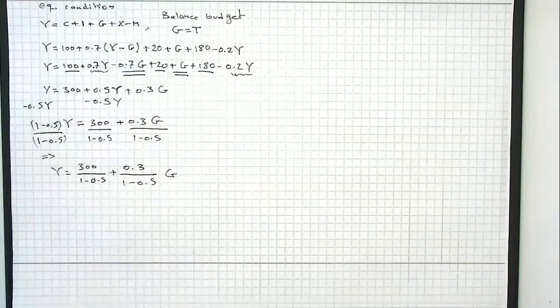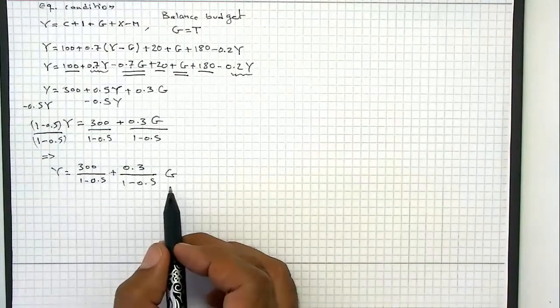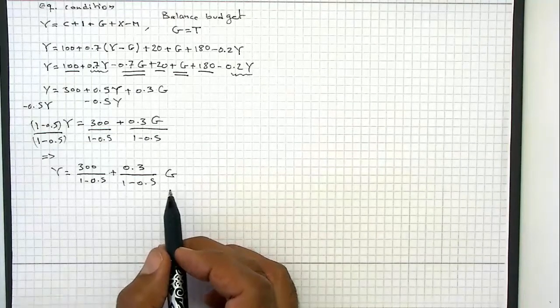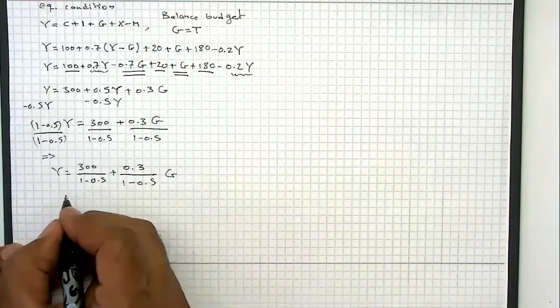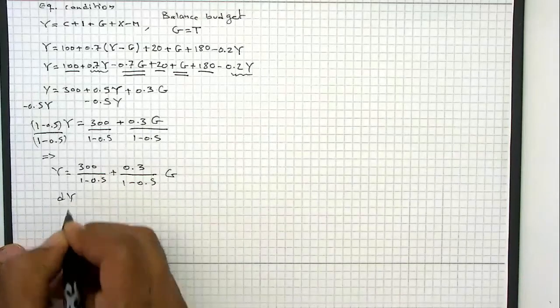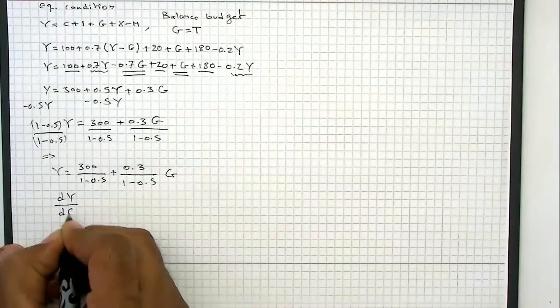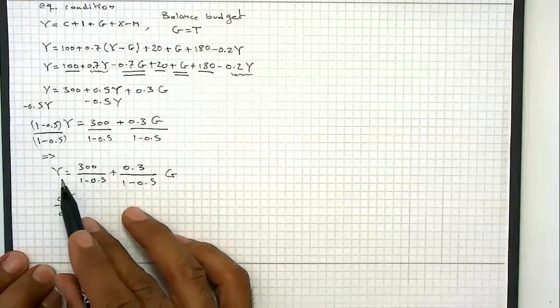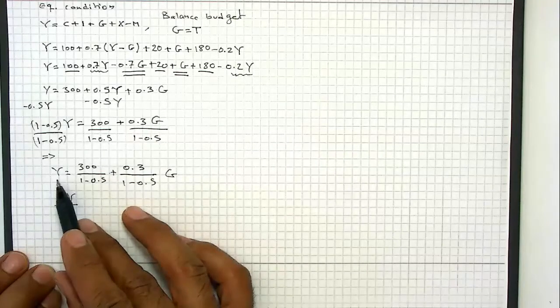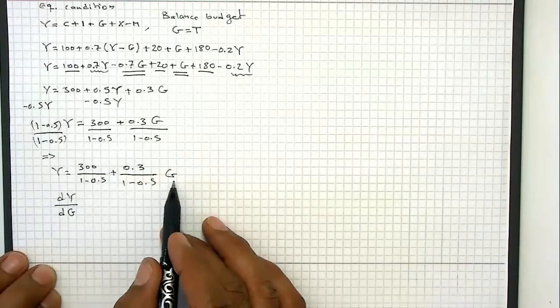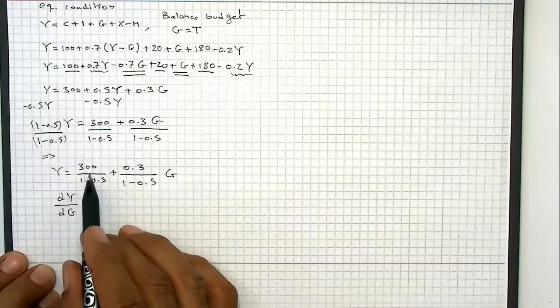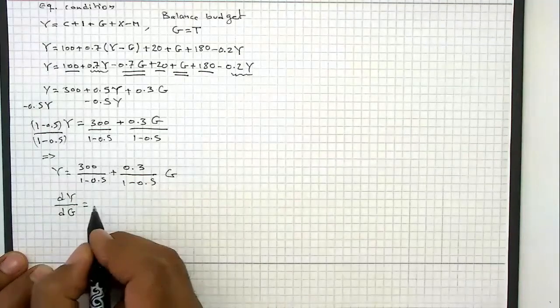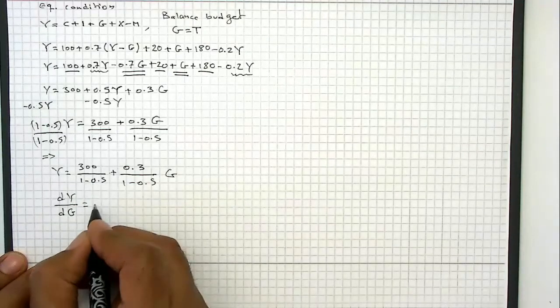So now this is the function, y as a function of g. And the definition of the multiplier is, of course, dy/dg, which is the derivative of y with respect to g. We don't have g in the first term, so it's a constant. It has zero derivative.